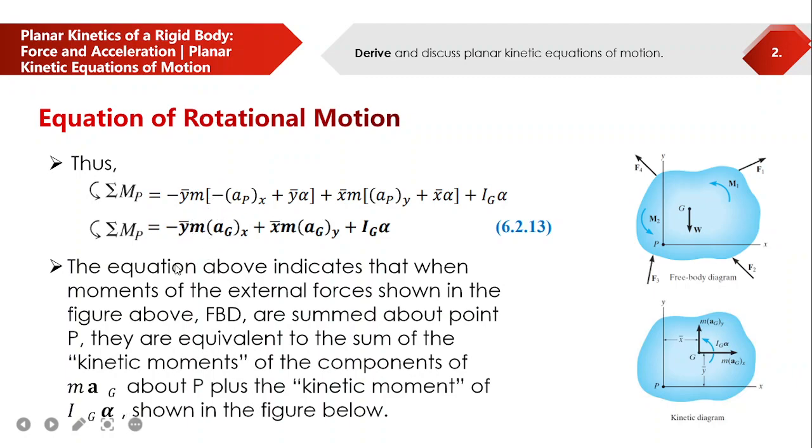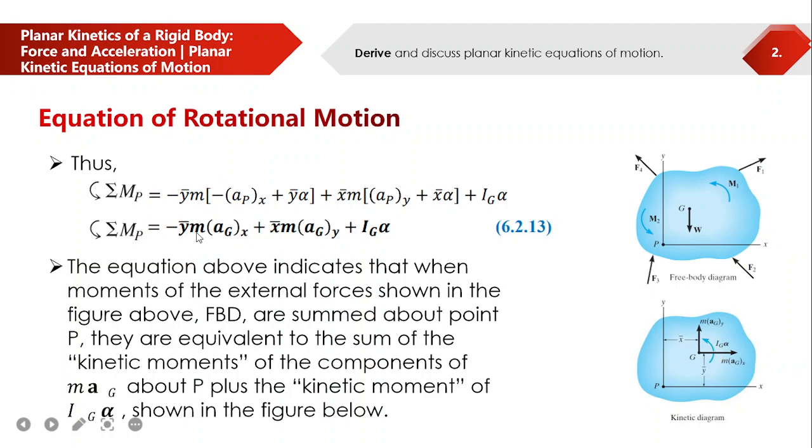This is the first kinetic moment, this is the second, and the kinetic moment of I sub g alpha. So, negative y bar m, this one, y bar, and then positive x bar m, this one, plus I sub g alpha. So this is your moment of inertia term, or the moment in the counterclockwise direction, as you can see here.